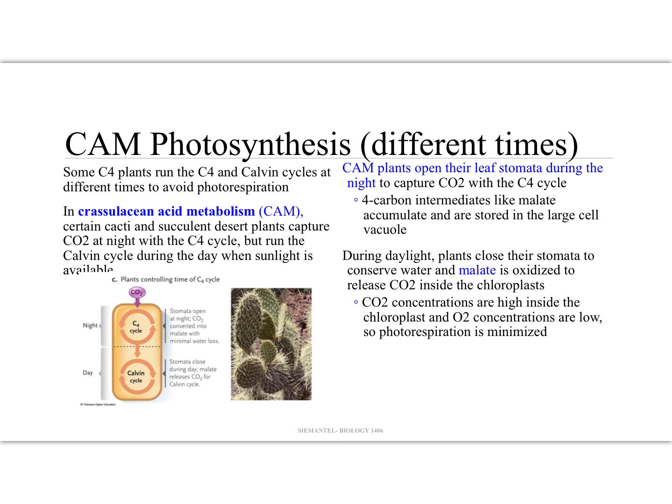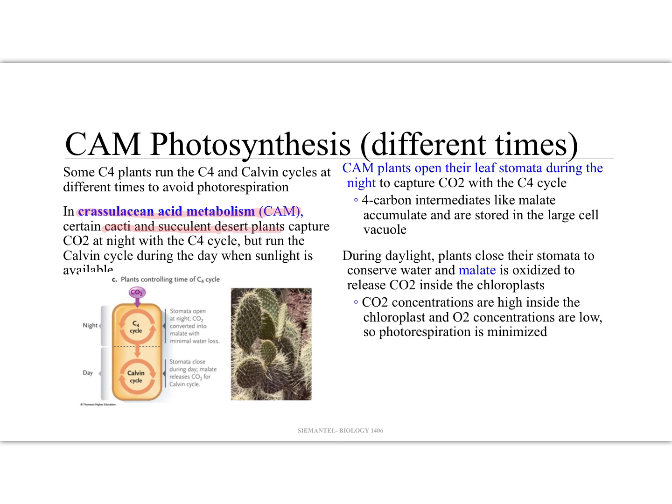So I will run one during the day and the other at night, okay? And they do this to even more avoid photorespiration. We call these plants CAM plants. Crassulacean acid metabolism is what CAM stands for. And you see it happening a lot in succulent plants and cacti, desert type plants.